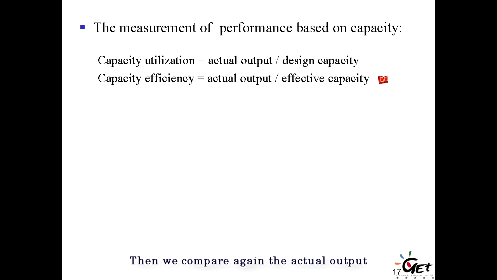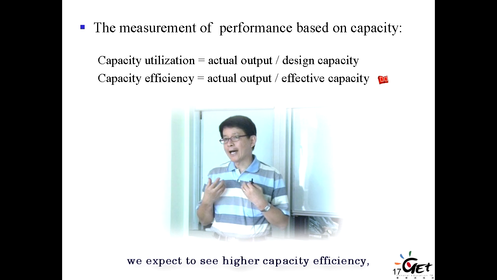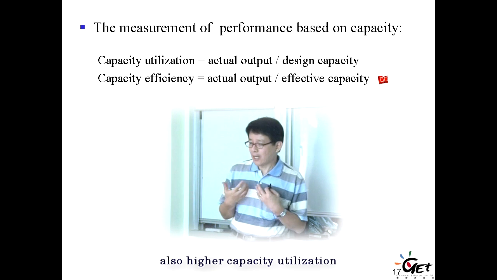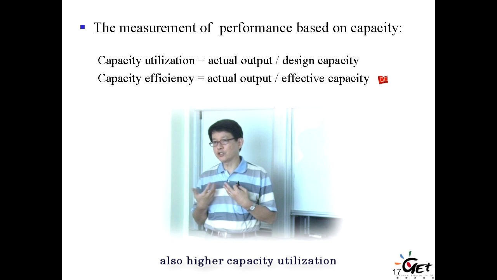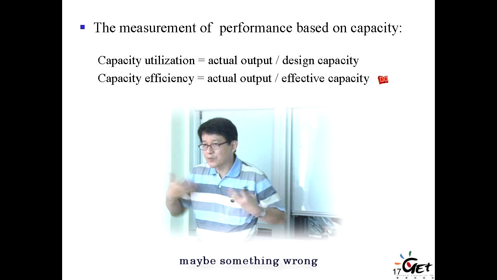Then we compare again the actual output to this effective capacity. We can have a term for this. We call this capacity efficiency. Of course, we expect to see higher capacity efficiency, also higher capacity utilization. Right? If you see your capacity utilization is maybe 50%, then maybe something is wrong.